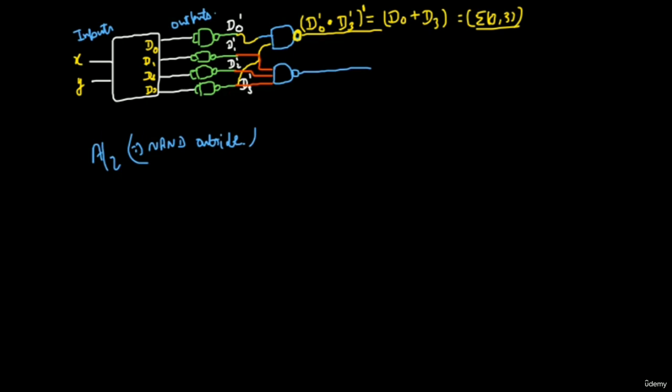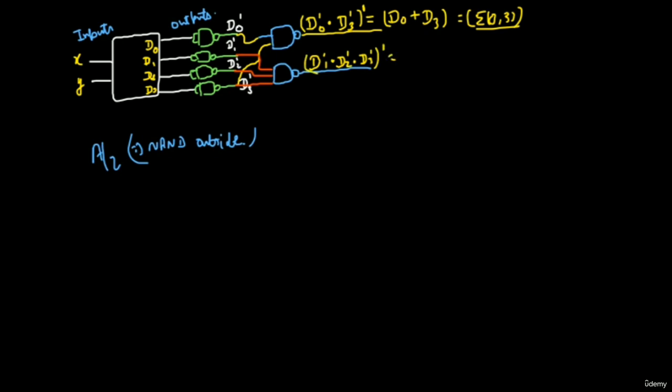Okay, I hope you have got it. Now let's proceed. So here we're going to have D1 dash plus dot. We need to take the dot. We are using the NAND gate formula. D2 dash dot D3 dash and whole to the complement.